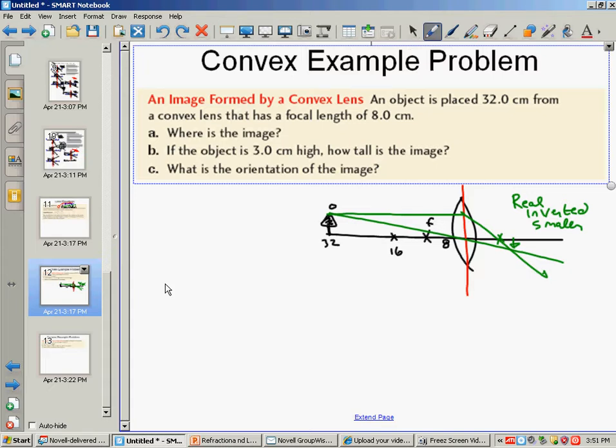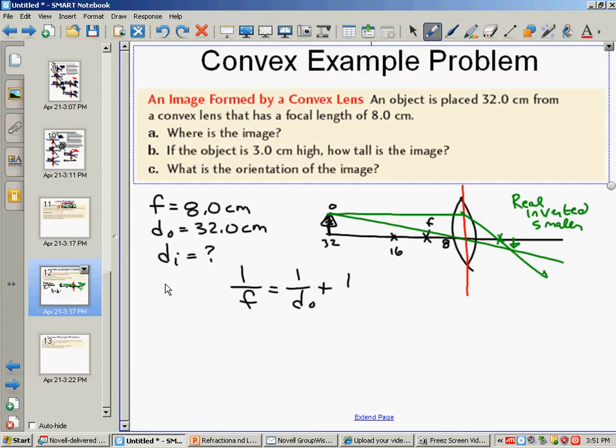So all of these things should match up with my math. But let's write down what I've got. I know that the focal length is 8.0 centimeters. The distance to my object is 32.0 centimeters. I'm looking for the distance to my image. Well, first of all, I can do this. 1 over 8 equals 1 over 32 plus 1 over distance to my image.